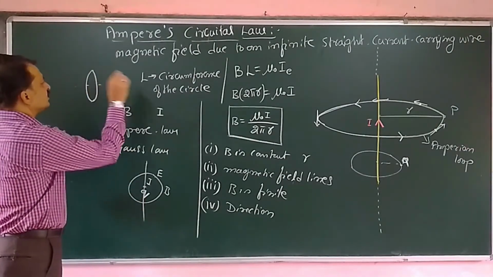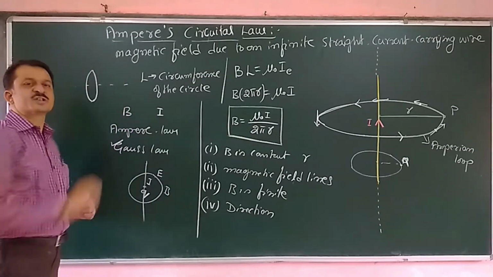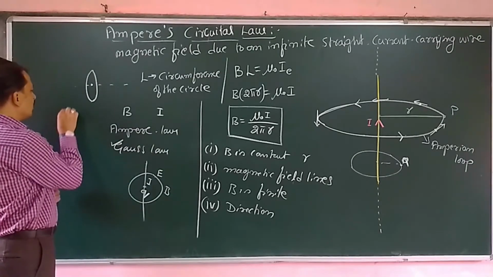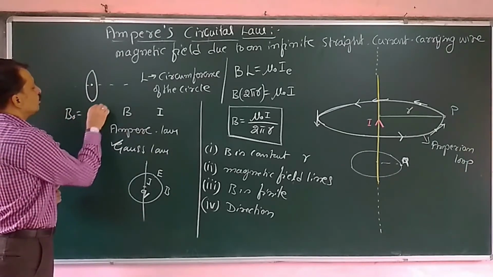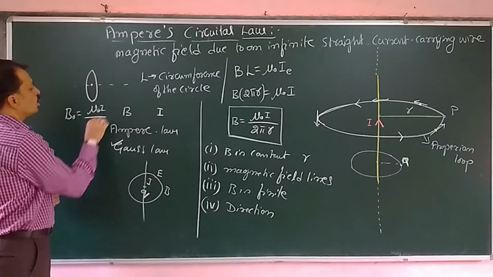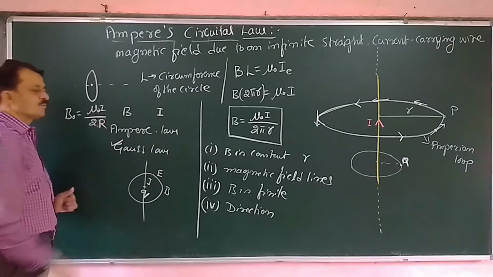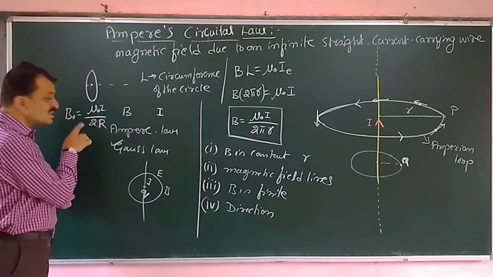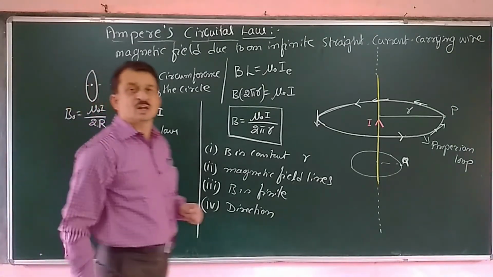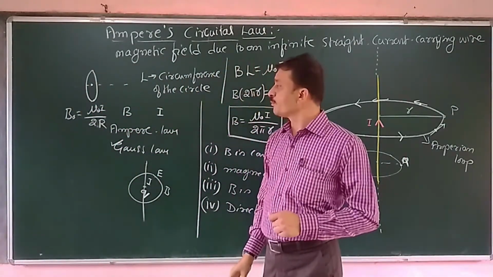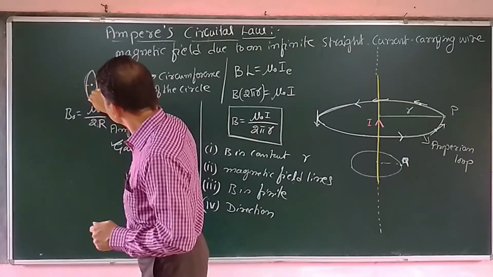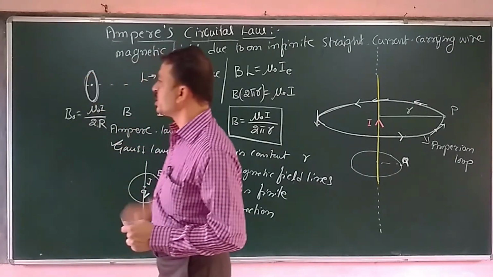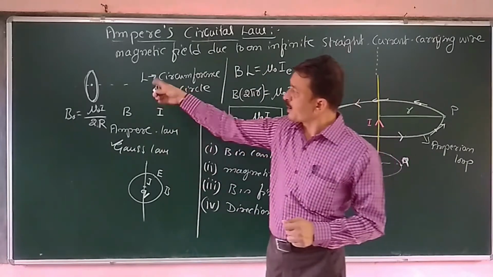We have derived the expression for the magnetic field along the axial point and finally arrived at the magnetic field at the center. At the center, what we have obtained? B naught is equal to mu naught I divided by 2R, where capital R is the radius, that we have derived. For the derivation of this, Ampere circuital law can never be used, because here we have the conductor, that is a circular loop, and we are going to calculate the magnetic field at this point.